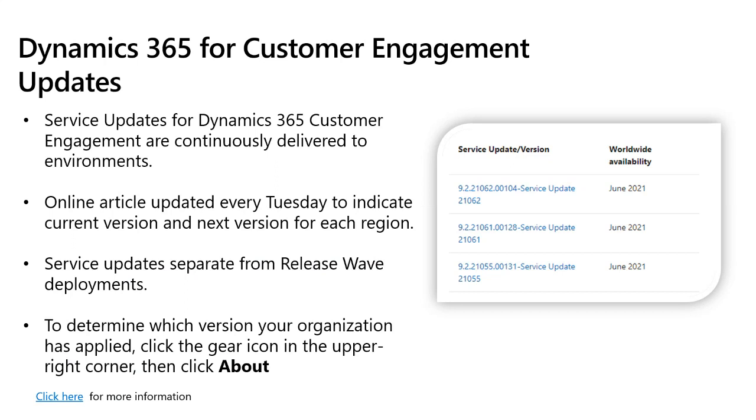If you're in the North America region, you can see which version is currently applied to those environments, and what the next version is. You can click into it and see what updates or fixes are in those service updates. You can also see your version number through the UI in Dynamics by going to the gear icon and clicking on About, and that should match what's on that article.